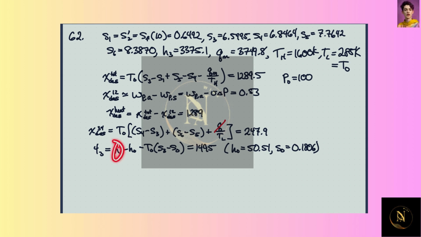So that's the enthalpy at the exit of the boiler minus the enthalpy at the reference conditions, which I looked up here, minus the surrounding temperature times the change in entropy from the exit of the boiler to the surroundings. That winds up being very close to 1,500 kilojoules per kilogram of theoretical work that we could get out of the steam coming out of the boiler.